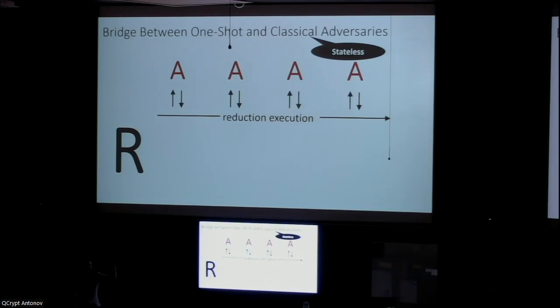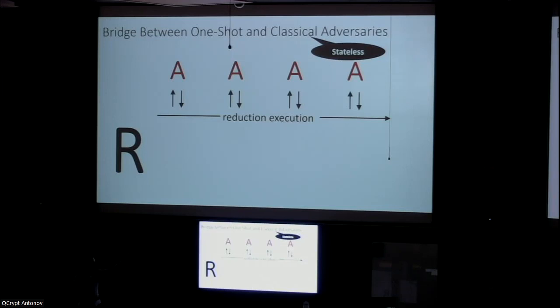The point is that the classical adversary is completely stateless. The reduction works if it has access to an adversary, and it doesn't know how he's implemented. It's a black box reduction. But it has access to an adversary that works completely statelessly. He doesn't remember what he was asked. He doesn't remember that this is the second time he's invoked, and that the first time some state was measured and therefore collapsed. It just gets access to the same adversary over and over again. In that case, the reduction works.